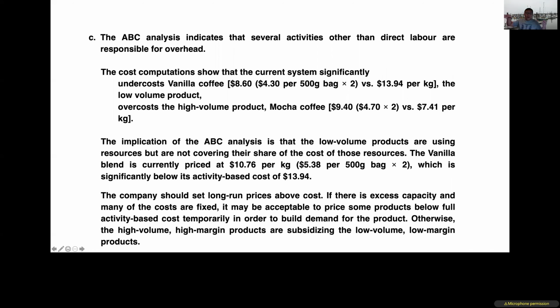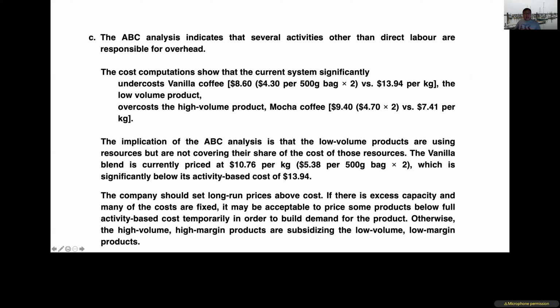So the cost will be allocated over a higher volume. Remember, if lots of the overhead costs are fixed costs, when the production volume increases, the cost per unit will decrease. So maybe the current price makes sense in the future, when you are able to produce enough volume.